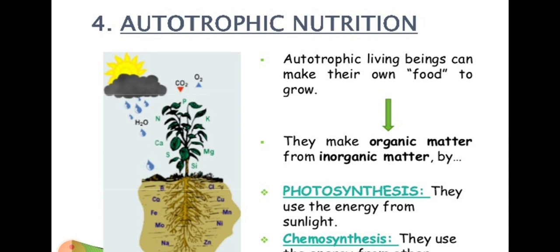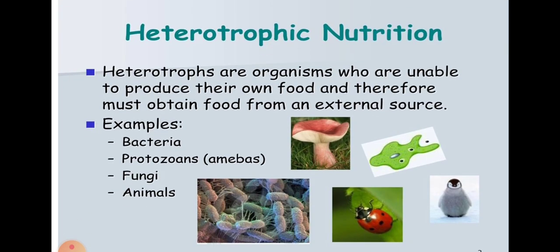And this green pigment, chlorophyll, is necessary to absorb energy from sunlight that is required for making food by the process of photosynthesis. This is all about autotrophic nutrition. Next is heterotrophic nutrition.